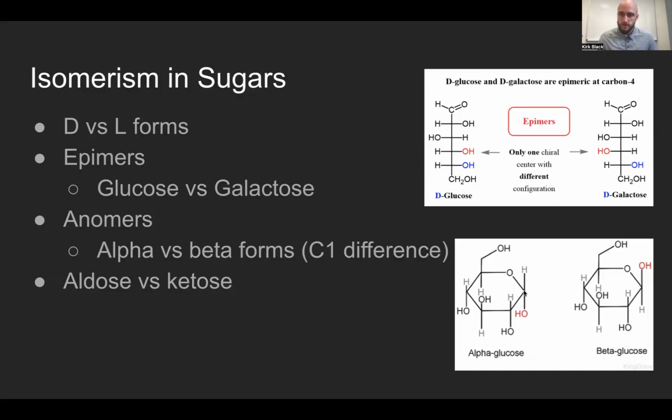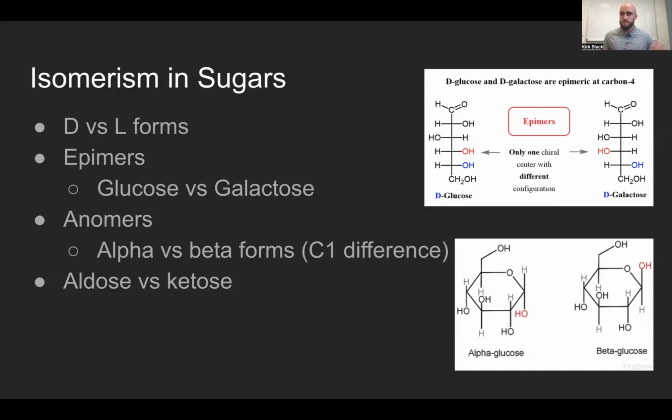The hydroxyl group in the alpha glucose is down, and in the beta glucose, the hydroxyl group is up. So, looking at this, we have to find a way to name these separately or else we wouldn't be able to tell the difference between the two. So we name one alpha and one beta.